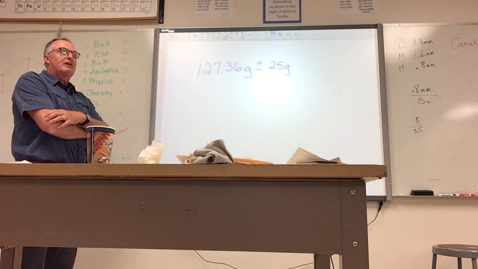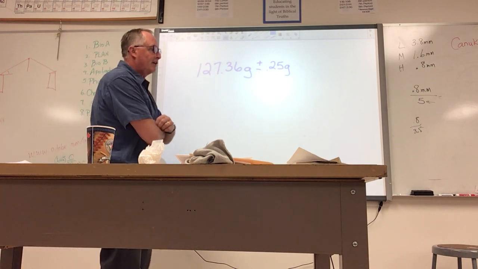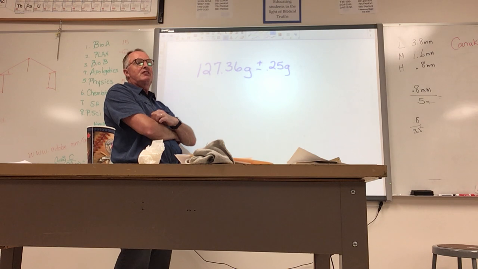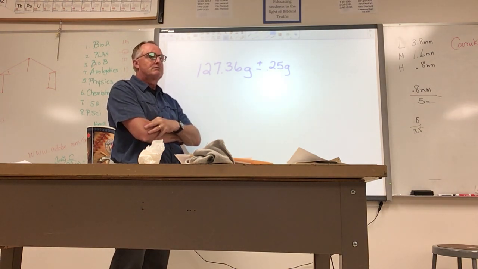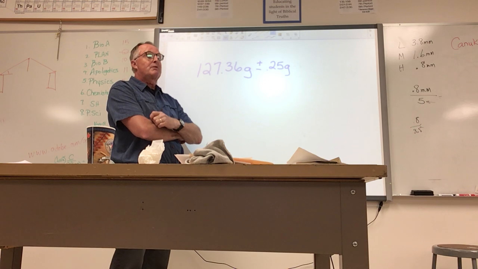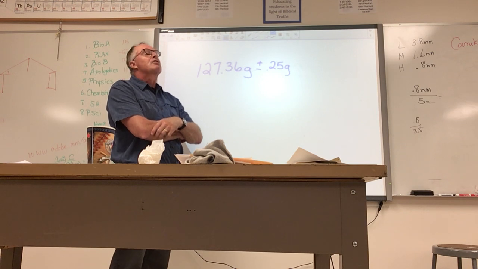What is the percent uncertainty? Well, we do this exactly the same way we do percent. If you got a 17 out of 20 on a quiz, how do you find your percent? Okay, and that gives me a 0.85. Then you move the decimal point 2 spaces. You multiply by 100 to make it a percent.